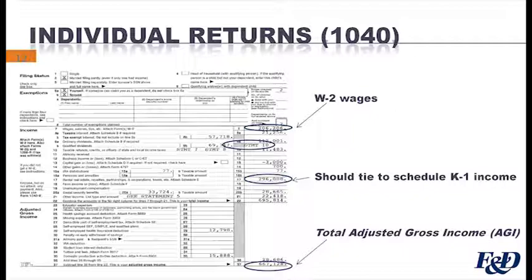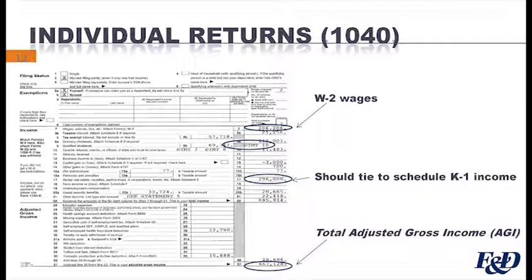Moving down past W-2 wages, several other amounts could be reported on your personal tax return. In the example provided, on line 8A, there's some taxable interest, which may be the result of interest earned from savings accounts or money market accounts held in the individual's name. In some instances, there may be tax-exempt interest, as you see on line 8B, which may be the result of interest earned on certain investment vehicles that qualify as tax-exempt.